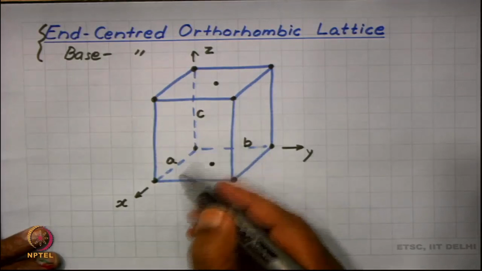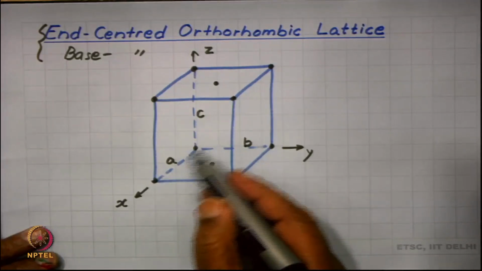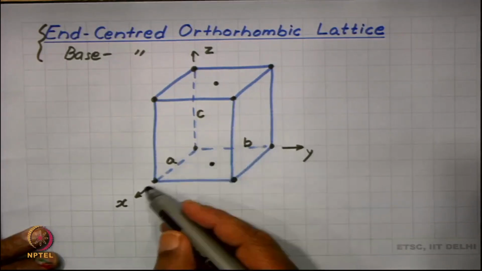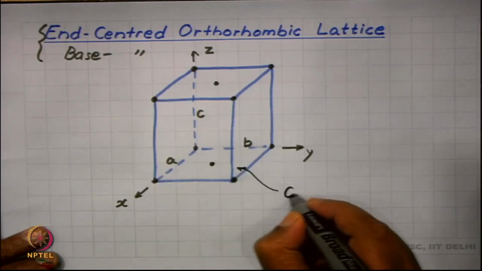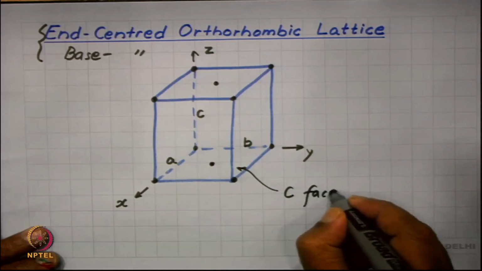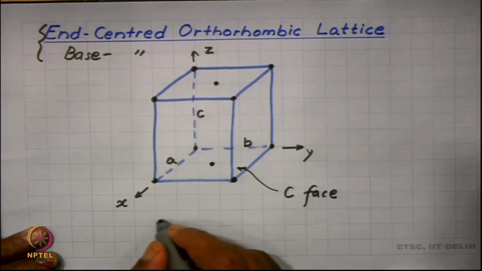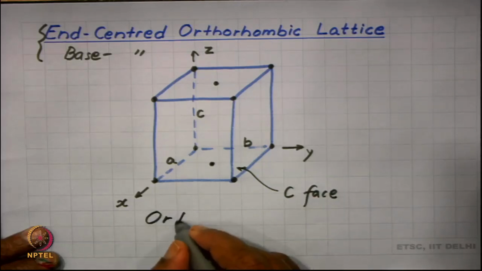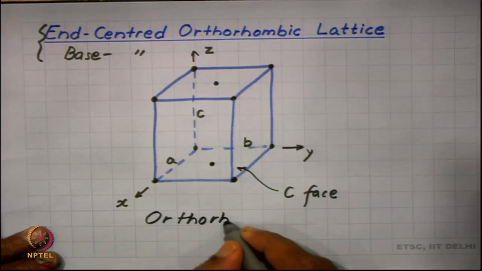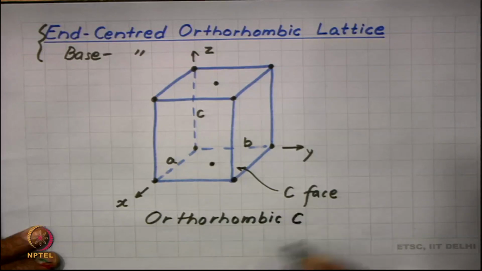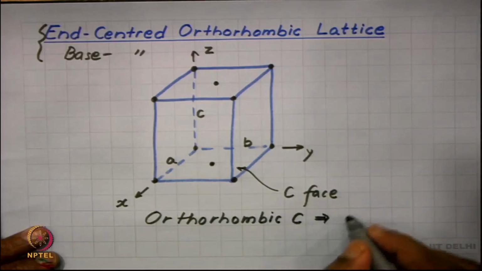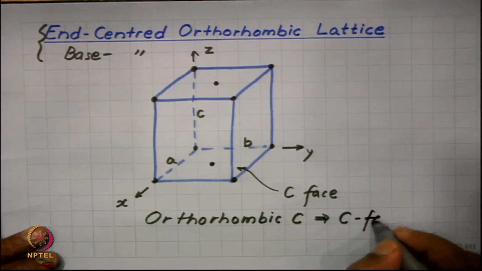So, the face which we have centered is the face containing A and B. This face is called the C face, capital C face. So, when I say orthorhombic C, this means C face is centered.